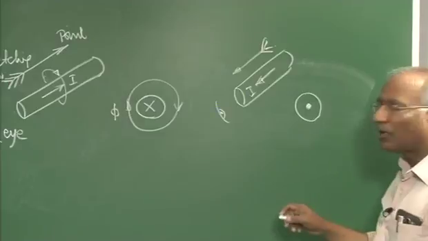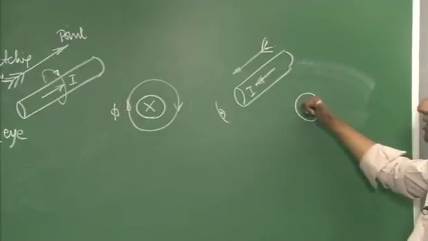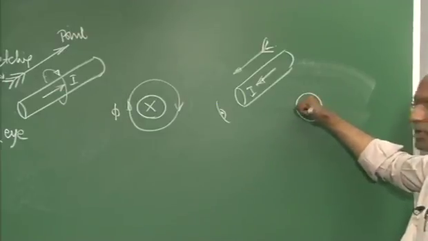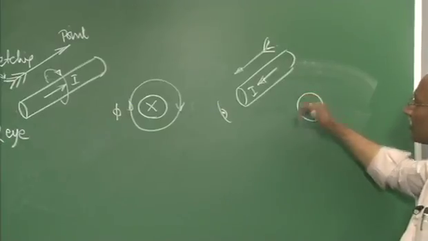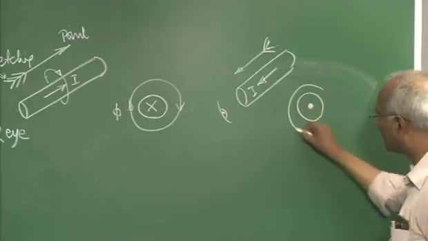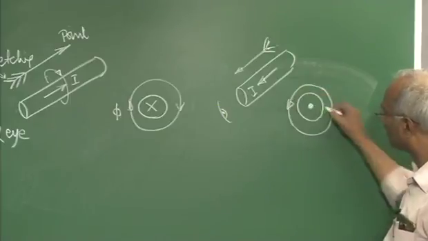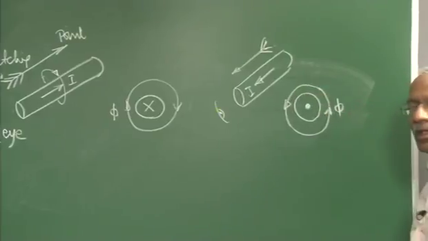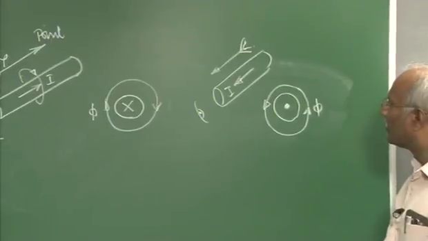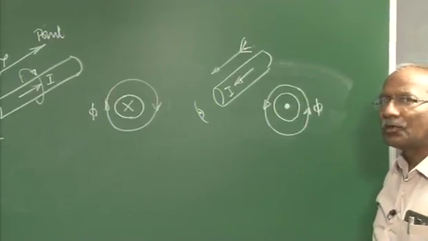The direction of the flux produced is obviously this way. Hold the thumb in the direction of the current, that's this one. This gives you the direction of the flux produced, thereby it is this way. This is the flux.